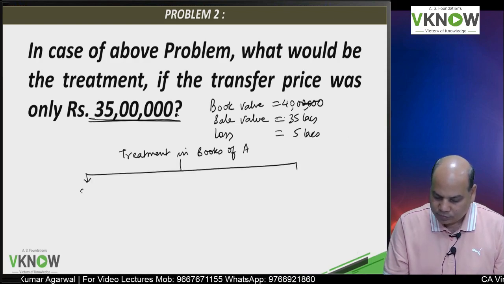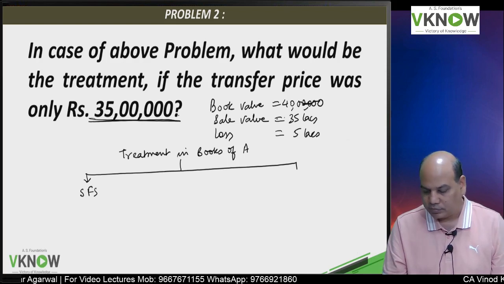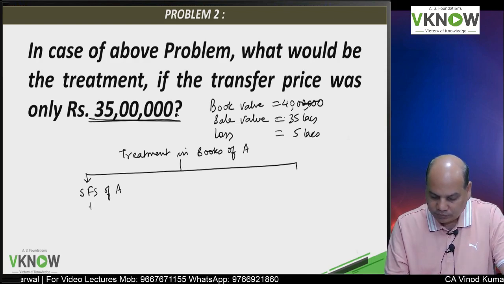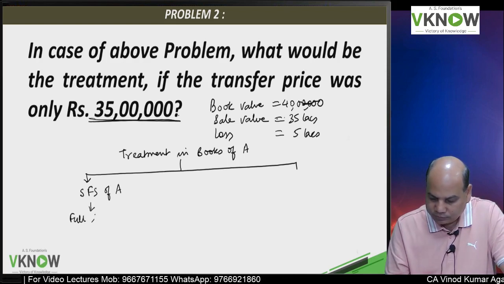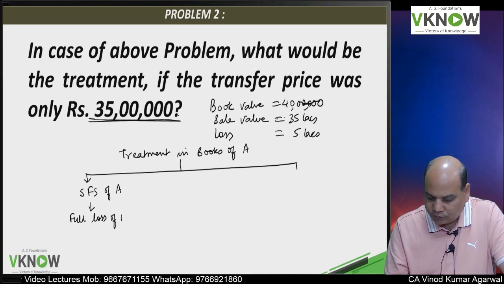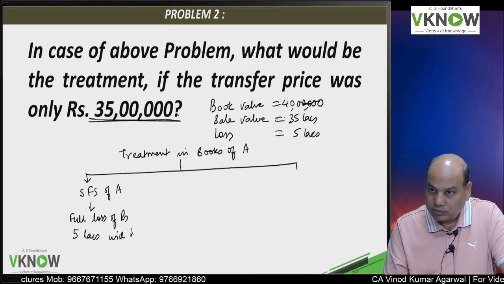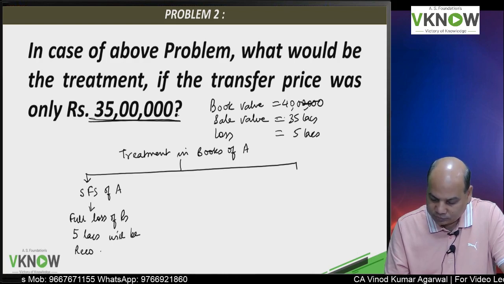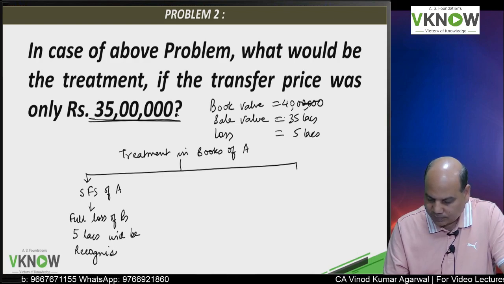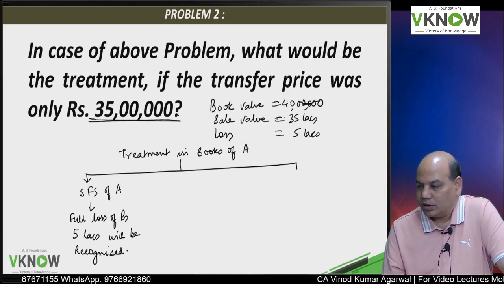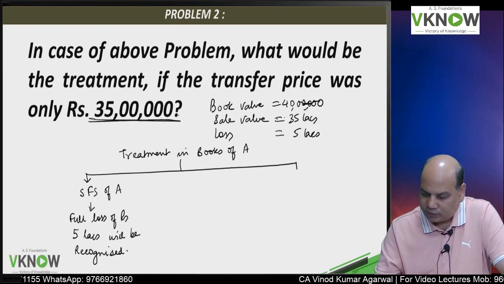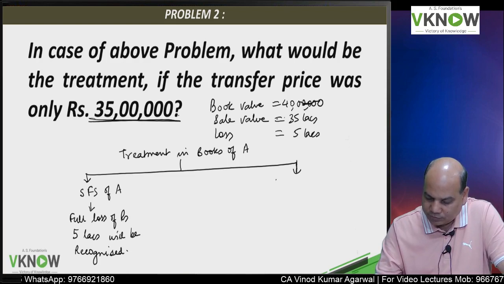So in SFS of A, full loss of rupees 5 lakh will be recognized.